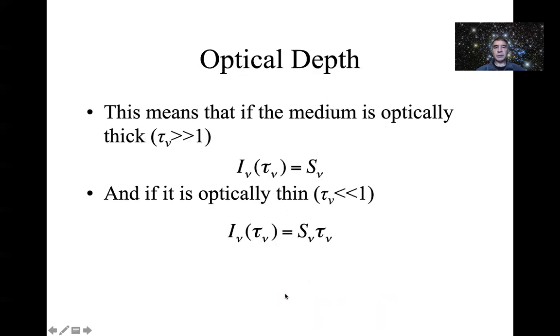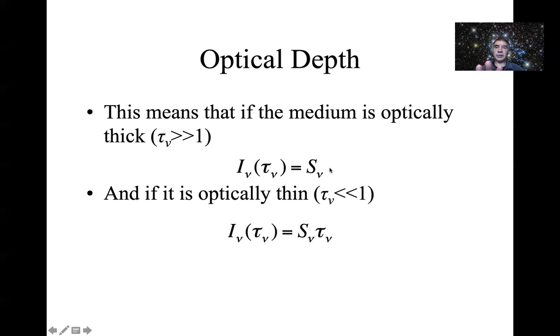Okay, so that is what is on this slide here. If the medium is very optically thick, remember I was talking about that, if the optical depth is much, much greater than 1, then effectively the intensity that you see is just the source function, and more accurately, it would be the source function at the location where the optical depth went above unity.